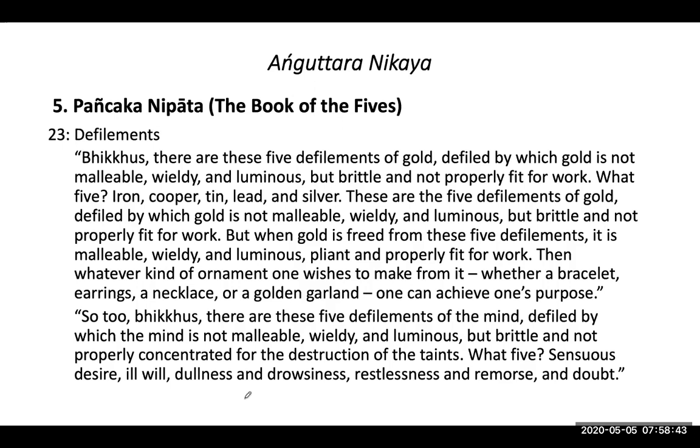So too, Pigu, there are these five defilements of the mind, defiled by which the mind is not malleable, wieldy, and luminous, but brittle and not properly concentrated for the destruction of the taints. What five?